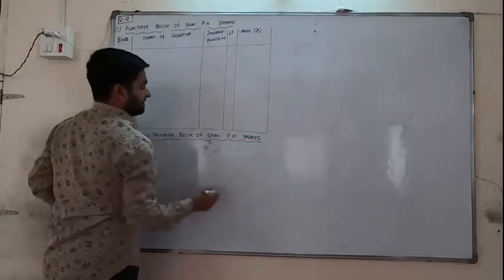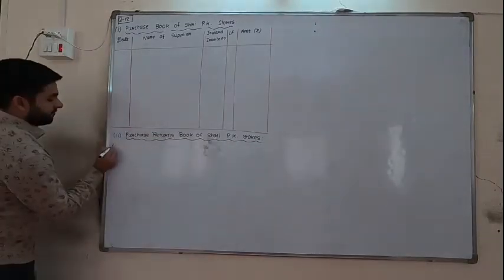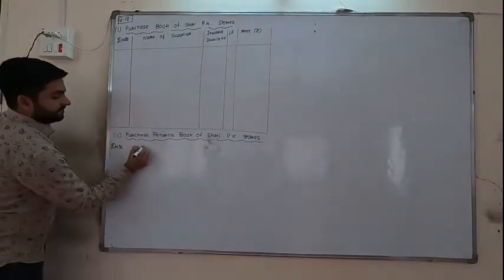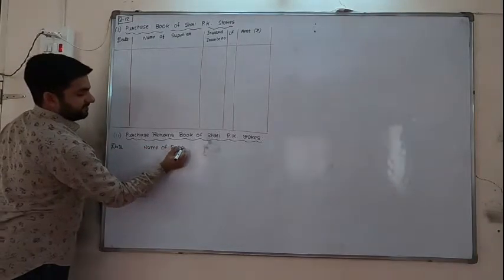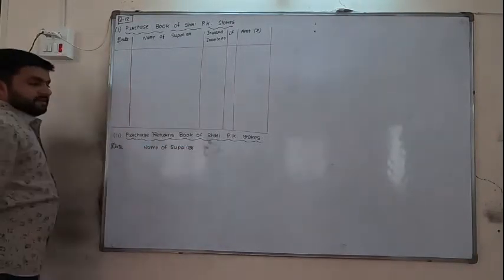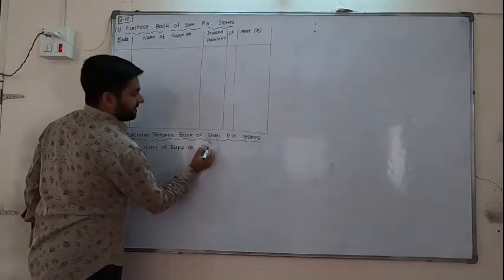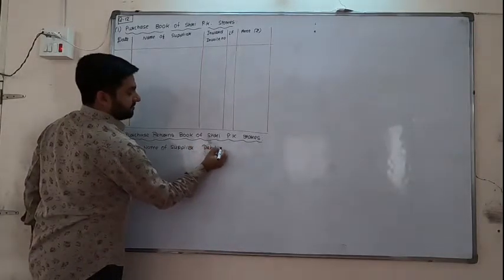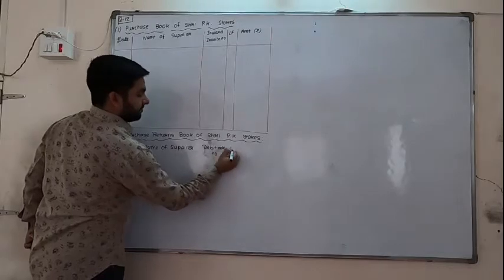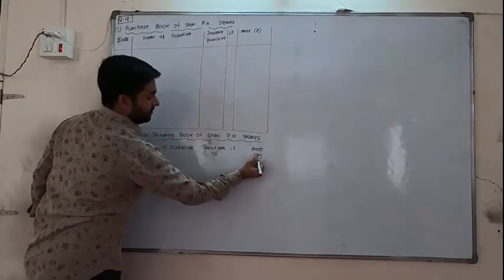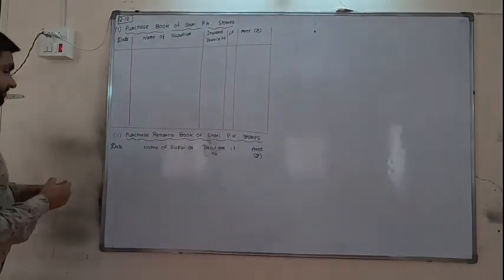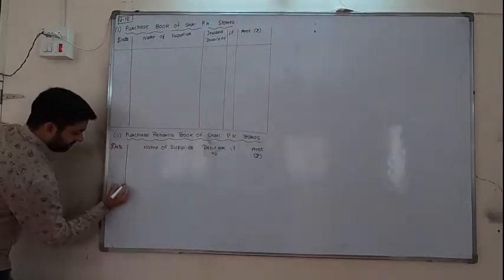This you will draw for 5 lines. Date, name of supplier, as it is purchase returns. Now the debited goods are written back, so debit note number, LF, amount in rupees. 5 lines you will draw.